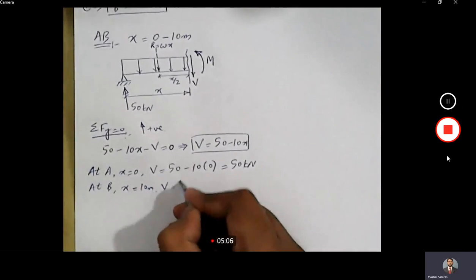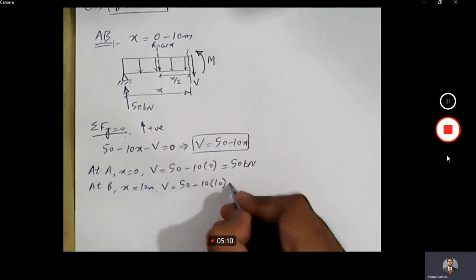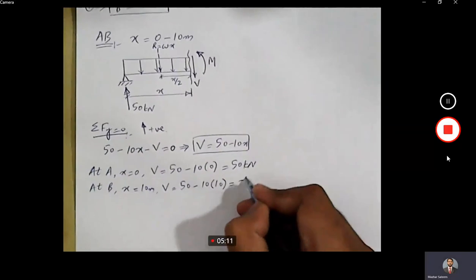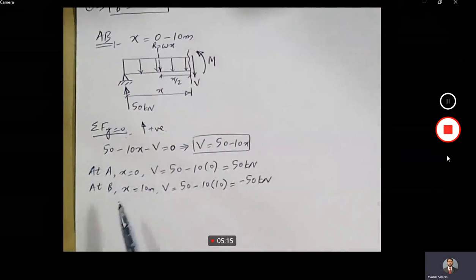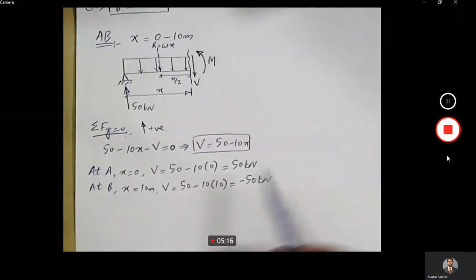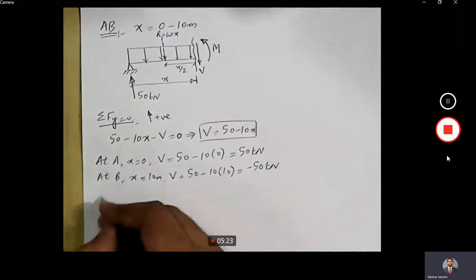So V will be equal to 50 minus 10 into 10, and that is equal to minus 50 kilonewton. So shear force at A is 50 kilonewton. This is for shear.